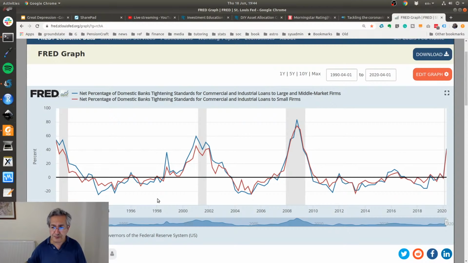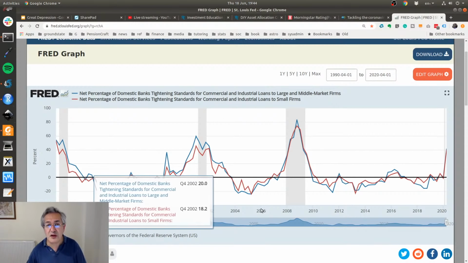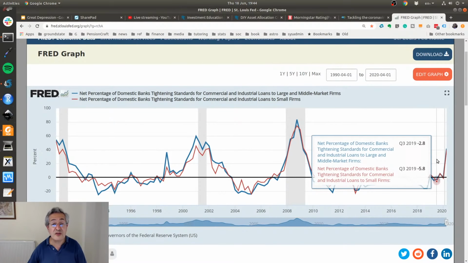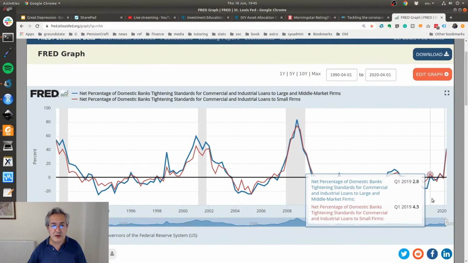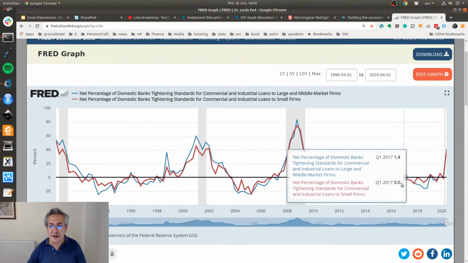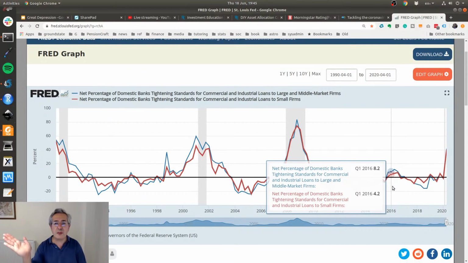And they say to them, look, are you tightening credit standards? Are you making loans harder to get for companies and for corporation and industrial loans? And if so, you go on the positive side of this axis. So positive here means you're tightening, negative means you're loosening. So you can see at the moment there's a great tightening. You see how the curve kind of spikes upward. That's because banks in America are tightening their credit standards when they lend money.